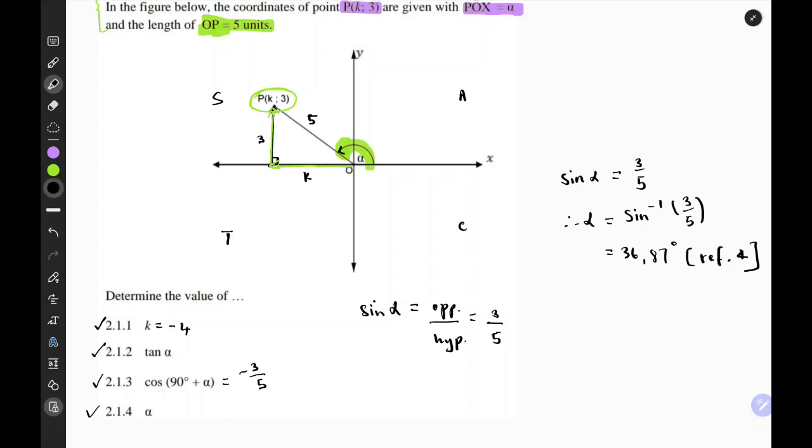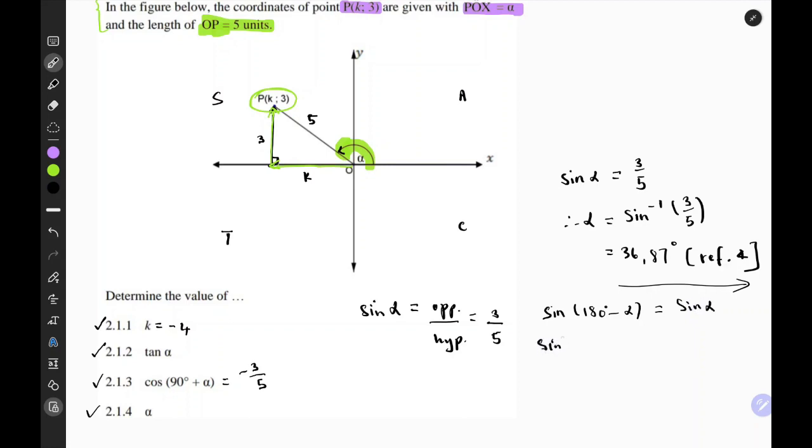Knowing that alpha must be an obtuse angle, as we can see on the schematic, we cannot accept the reference angle as the final solution, but we can take advantage of reduction formulae, knowing that sine of 180 degrees minus alpha is equal to sine of alpha.